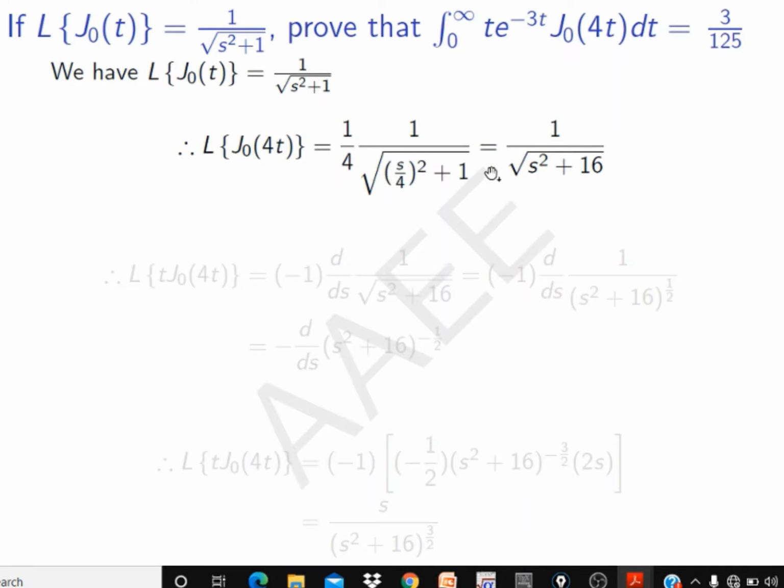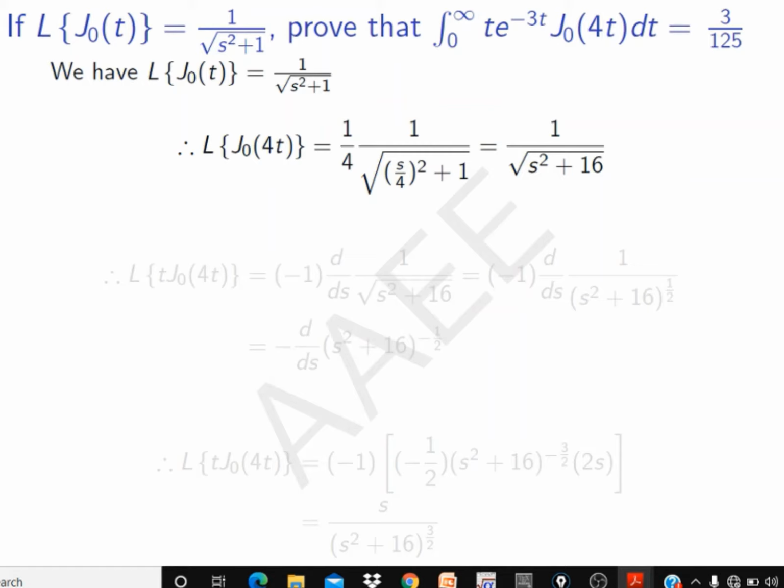Taking 4 square common, that is s square plus 16 divided by 16, the 16 gets cancelled because under root of 16 is there, and that will be only 1 upon under root of s square plus 16.